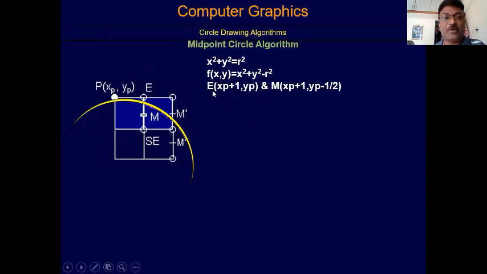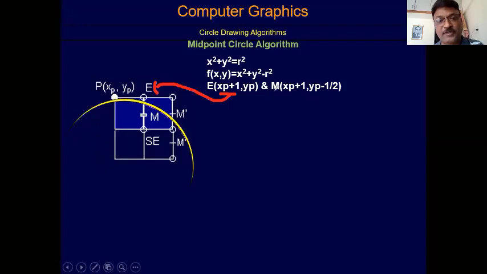Now, what are the coordinates of E? Because I am going in the x direction, it becomes xp plus 1, yp as it is. So the coordinates of E are xp plus 1, yp.